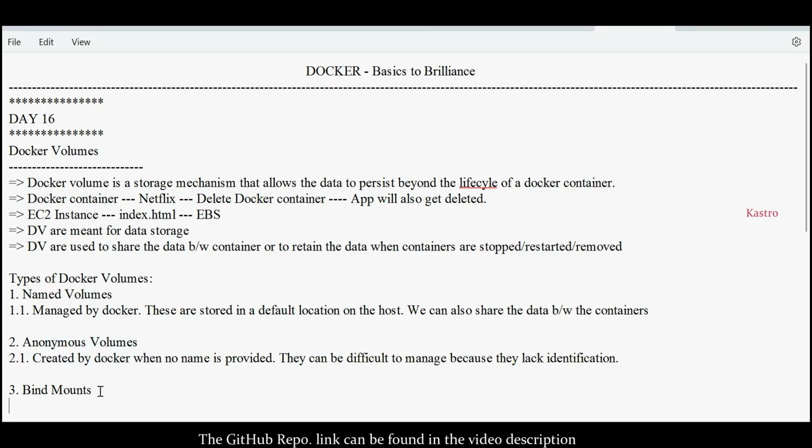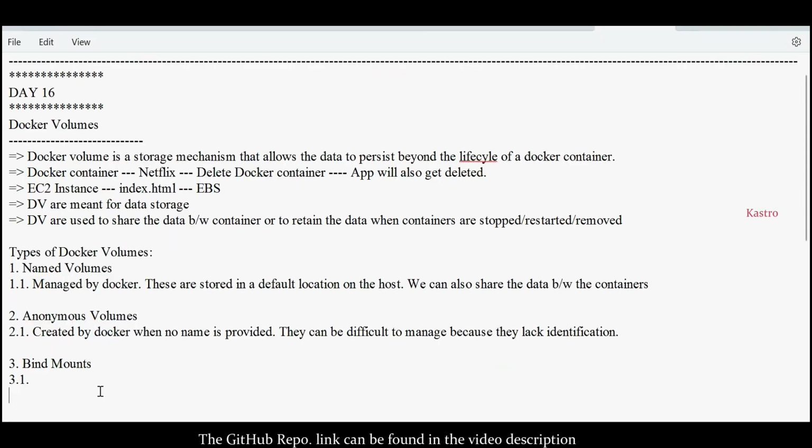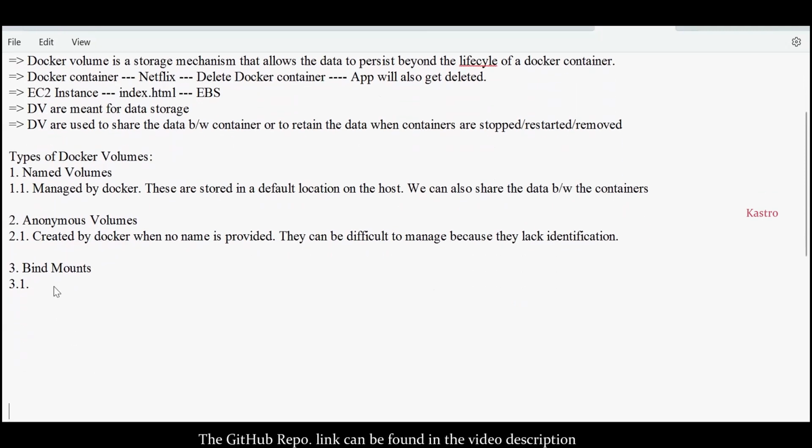And the last one is known as bind mounts. Based on the concept of bind mounts, we are going to see a practical scenario in this Docker volume series. Now, what is meant by bind mounts? Suppose you want to link a directory or a file available on the host machine.